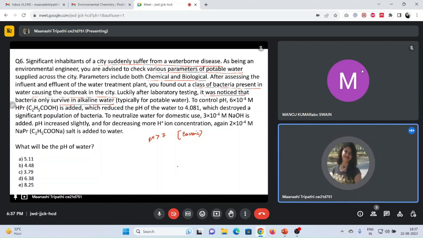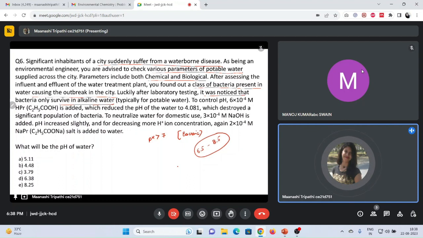But if the pH is less than 7, it is acidic, then these bacteria are dying. So our major aim was to reduce the pH to kill the bacteria, but we cannot drink very low pH water, right? We cannot drink water of pH 2 and 3. So we need to maintain the pH in the drinkable range. What is the drinkable range? Drinkable range is 6.5 to 8.5.